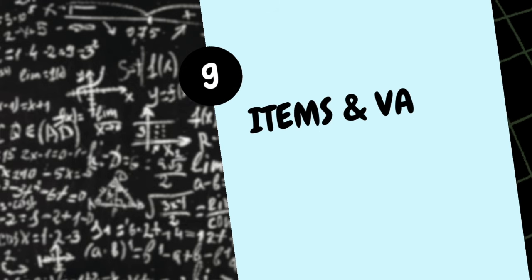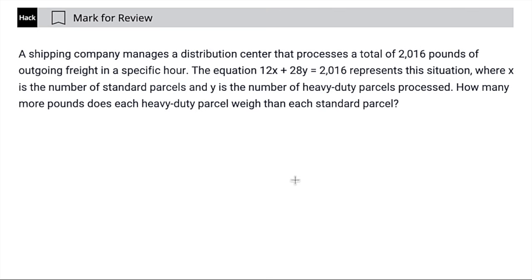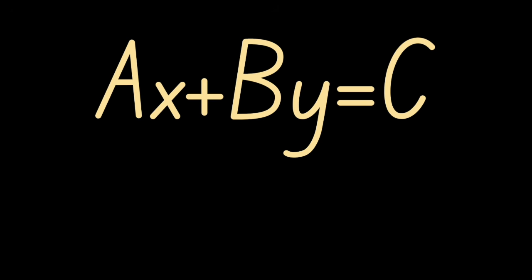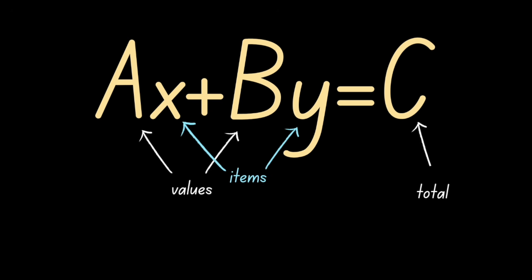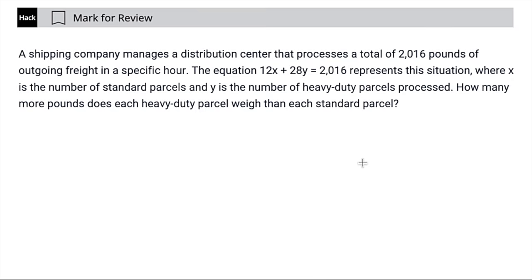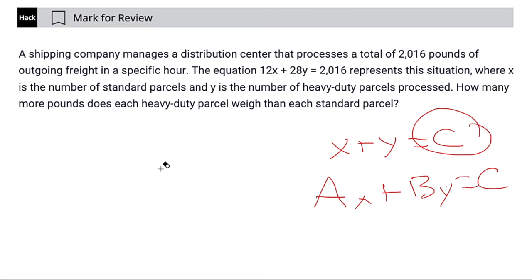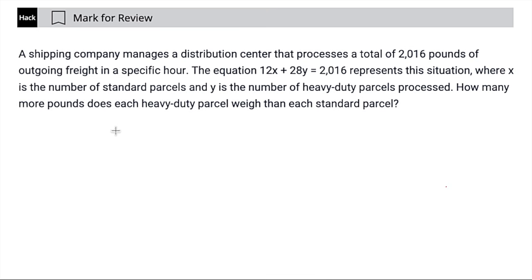And for other linear word problems in standard form, it's important to know the items and values rule, which is when we have ax plus by equals c, a and b are values, x and y are items, and c is our total. So on a question like this one, how many more pounds does this weigh than this?